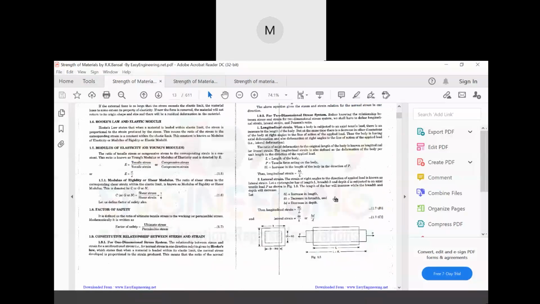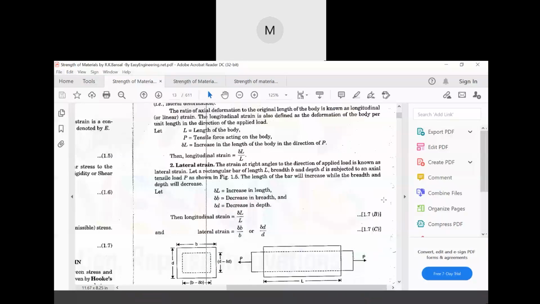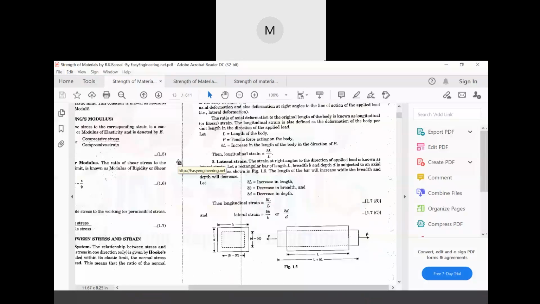Now look, I'm giving another example for lateral strain. For lateral strain, the pull is happening from this side, if you can see, and then this breadth will decrease, right? But the length will increase. So this is how the lateral strain is occurring.